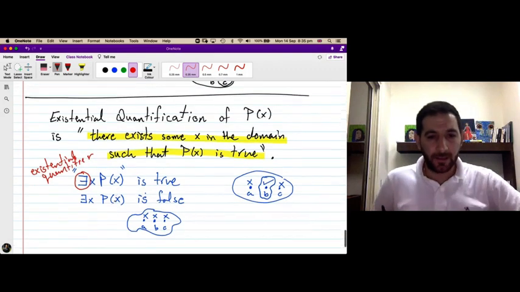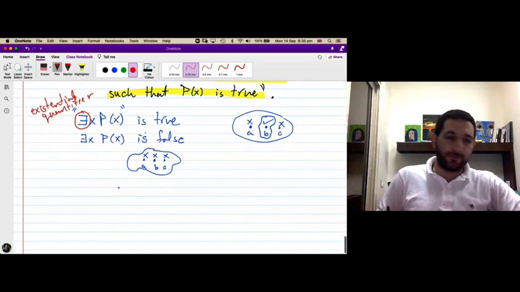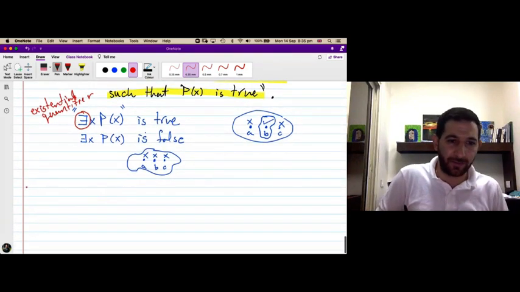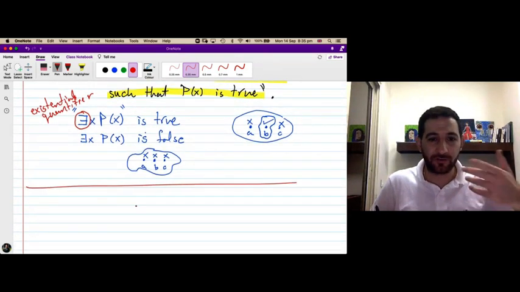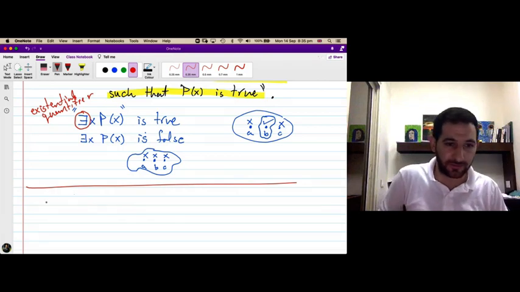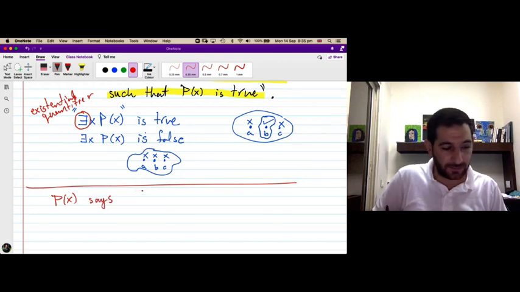Okay, so let's have examples on quantification of predicates. First example, suppose the predicate P of x says that x plus 1 is strictly bigger than x, and suppose the domain is the set of real numbers.